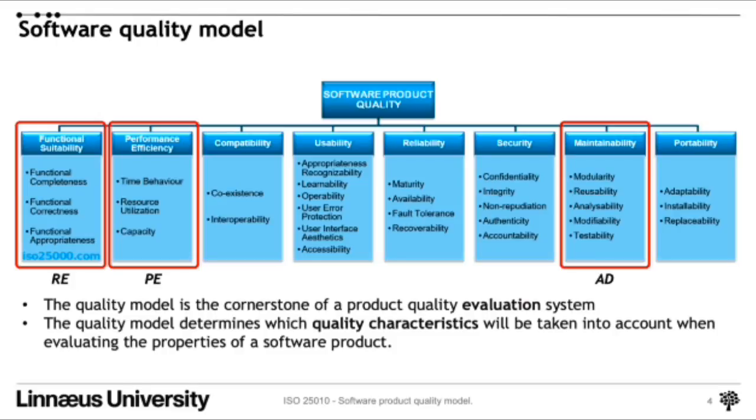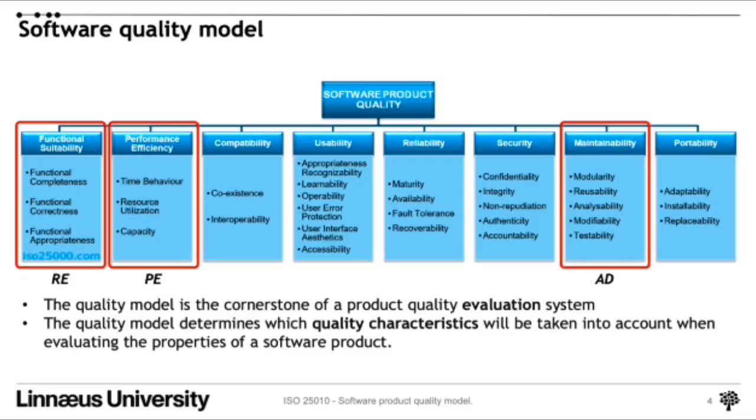Then we have performance efficiency: time behavior, resource utilization, and capacity, something that you already learned in the performance engineering module. And finally, we're going to talk about maintainability in this module.